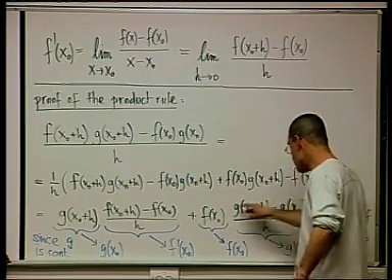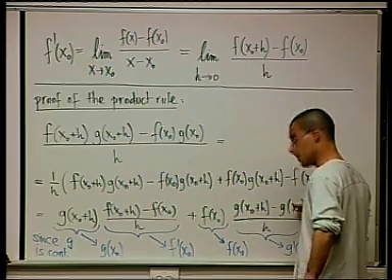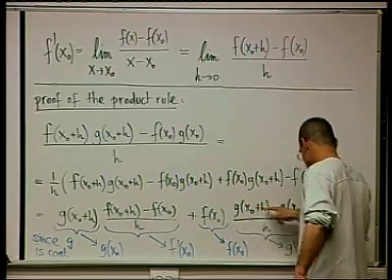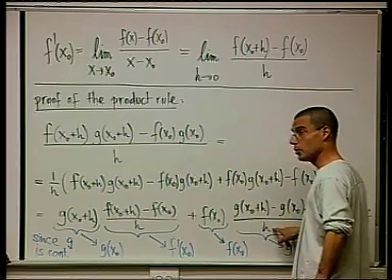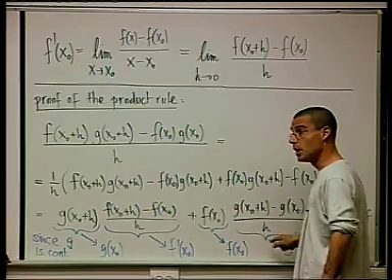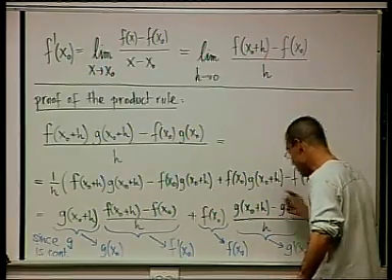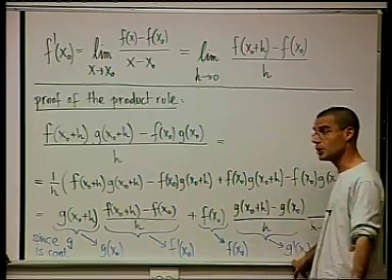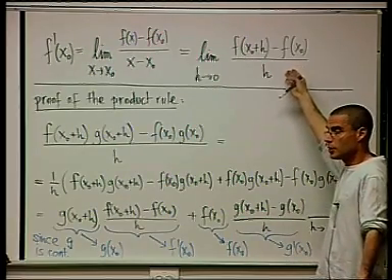No, the limit of this difference, since g is continuous, goes to g of x0, so just the numerator goes to 0. But the denominator goes to 0 too. So this is a 0 over 0 situation, and in general you have to calculate it, but here you don't have to calculate anything because you know it exists, and this is what it is, by definition. That's precisely this. This is saying that g is differentiable at x0.